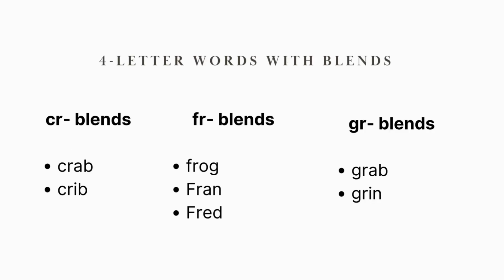The next phase of this, right, you could also blend with them those 4-letter words. So I'm going to give you the oral blending for the 4-letter words. So first we have the CR blends, k, r, a, b, and they could tell you crab. Again, the opposite way, you could ask them crib.